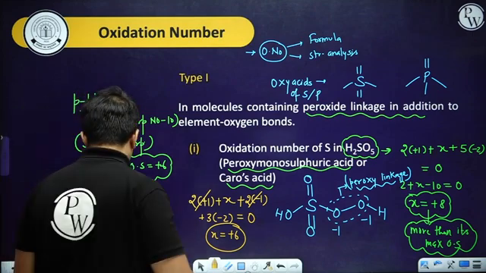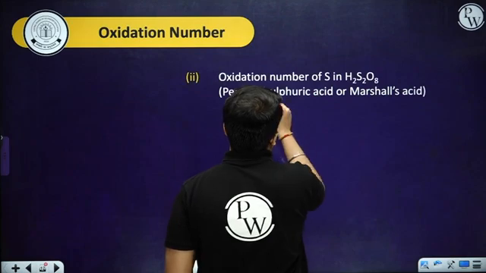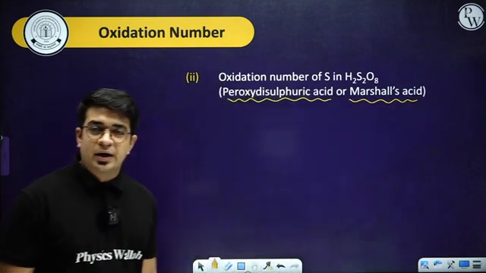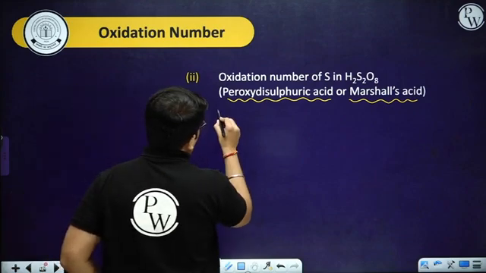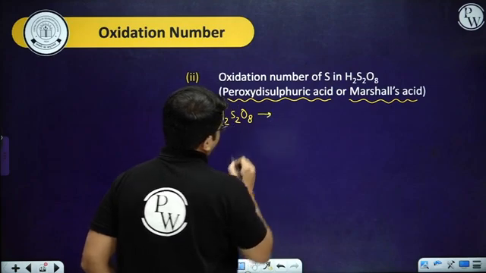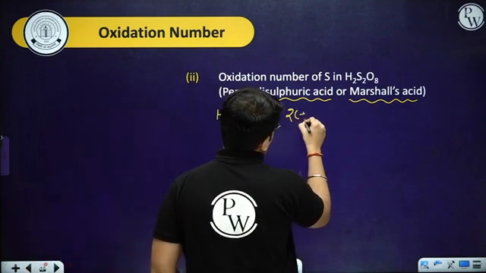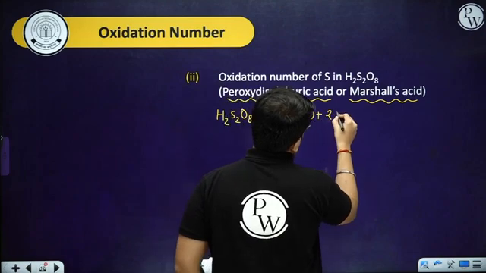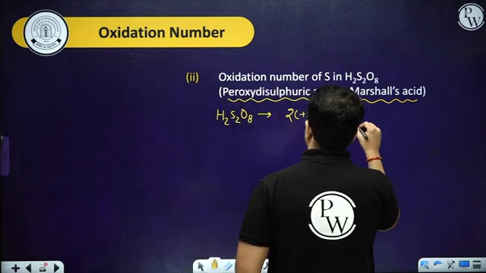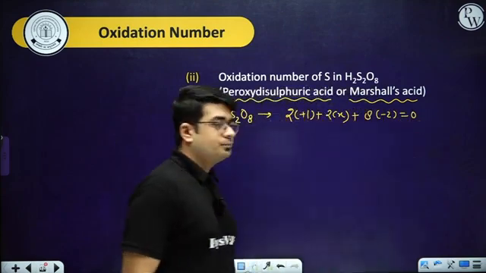Now let's talk about one more example, which is peroxy disulfuric acid, also known as Marshall's acid, which is H2S2O8. If I apply the same formulation, two hydrogens are there having +1 charge, two sulfurs are there having +X oxidation state, which I don't know, plus 8 oxygens are there with -2 charge, that will be equal to 0.